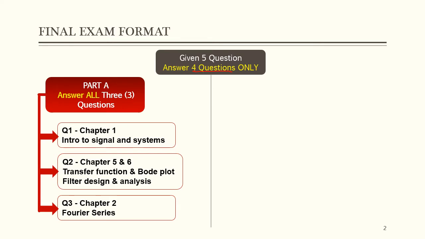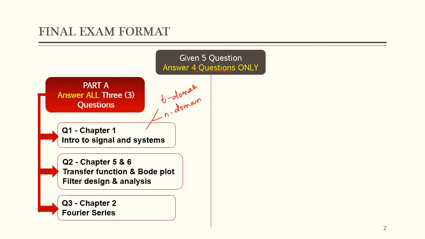So for question 1, it is from chapter 1, the introduction to signal and systems, both in analog and discrete signal. So you have the time domain and also the n domain, the discrete signal.